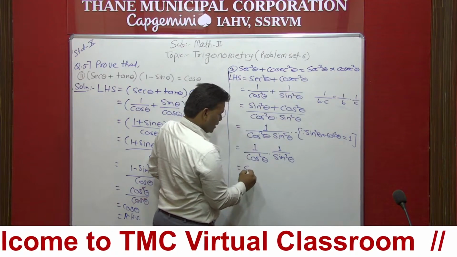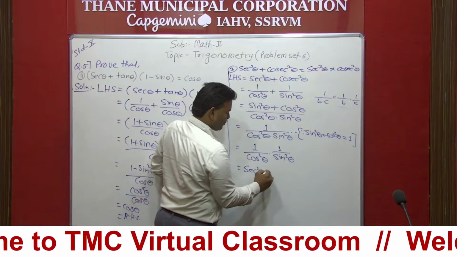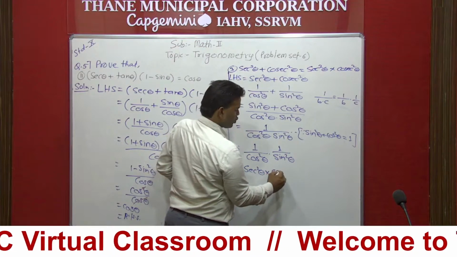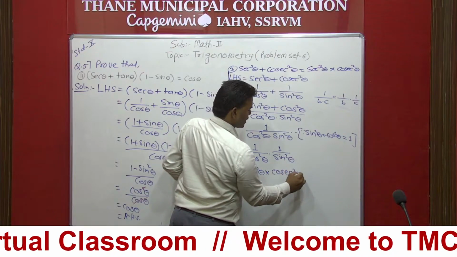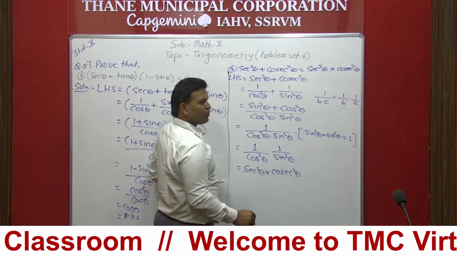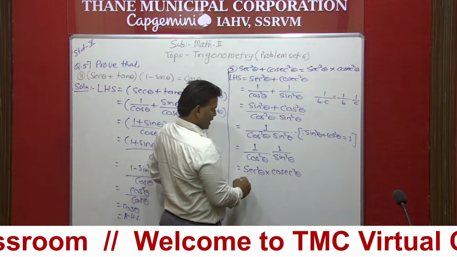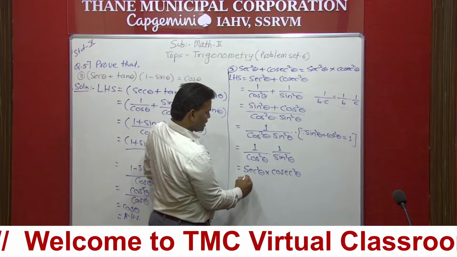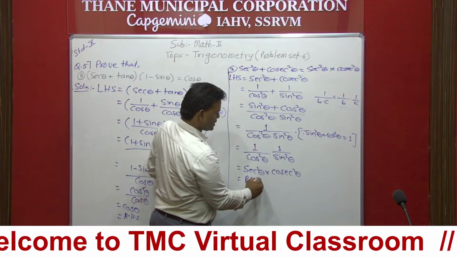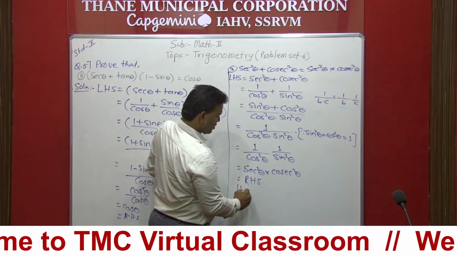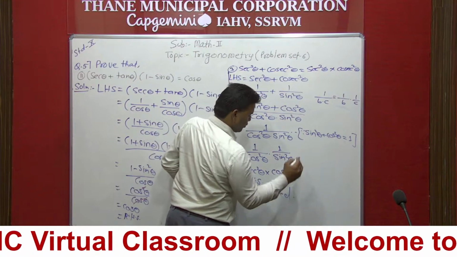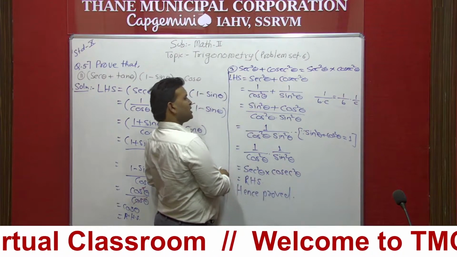So this is going to be sec square theta, multiplied by cosec square theta. 1 upon sin square theta can be converted to cosec square theta. And finally this is our right hand side. Left hand side equals right hand side, hence proved. So the question is proved.